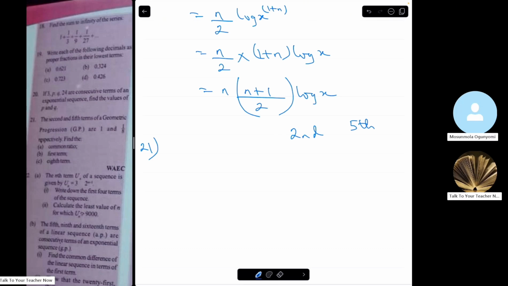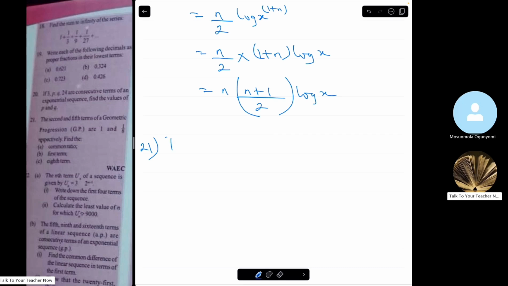The second and fifth, those are two terms, so it can't be 10. The second and fifth terms of a geometric progression are 1 and 1/8 respectively.